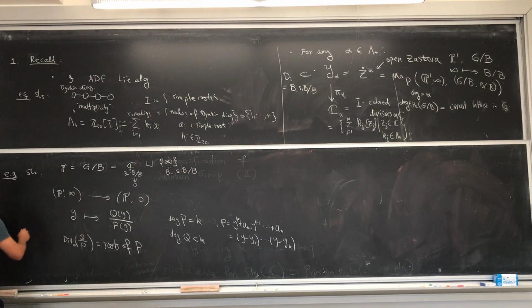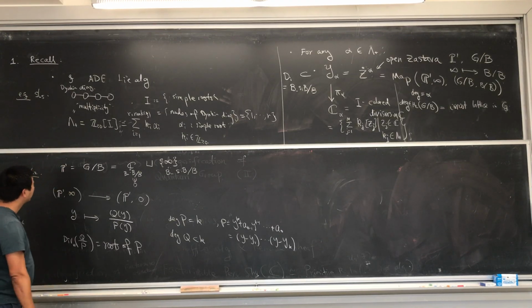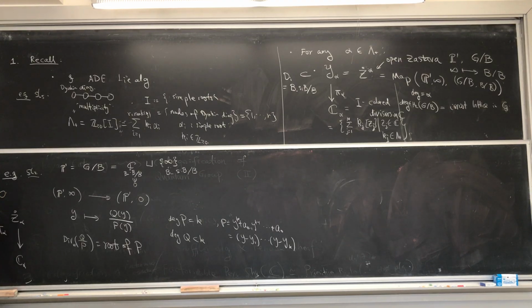So this pi alpha map just sends C alpha tilde to C alpha, because here we only do SL2, just one node, so the multiplicity space is just non-negative integers.